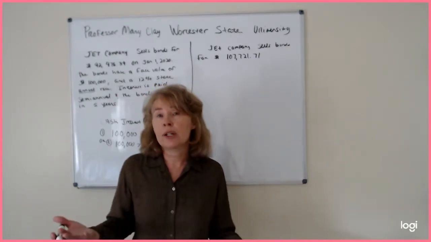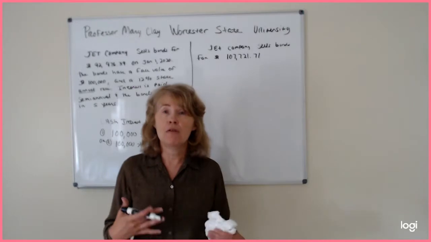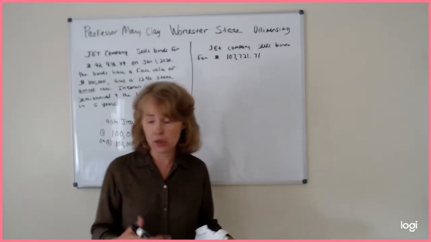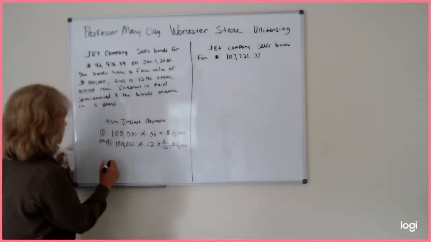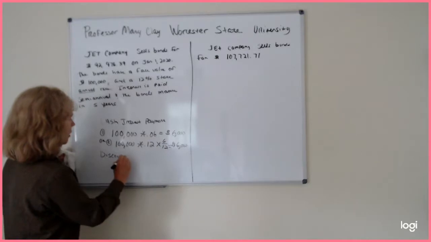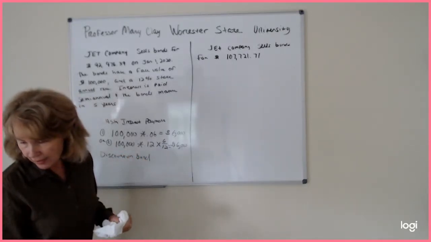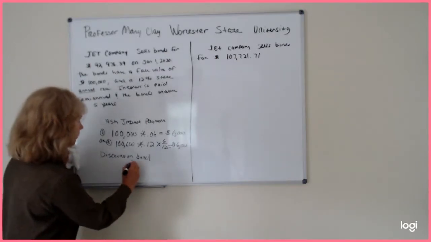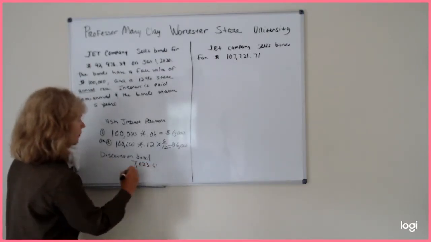Well, what you originally start with is what you originally had in for the discount amount. Okay, so the original discount, going to look at my notes, was discount on bond was $7,023.61.